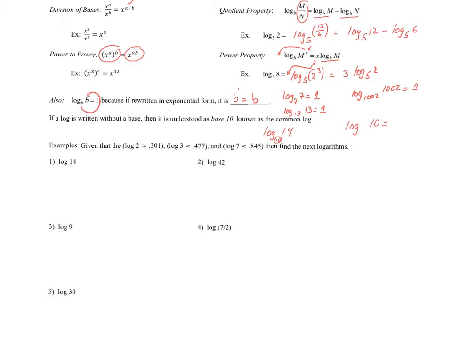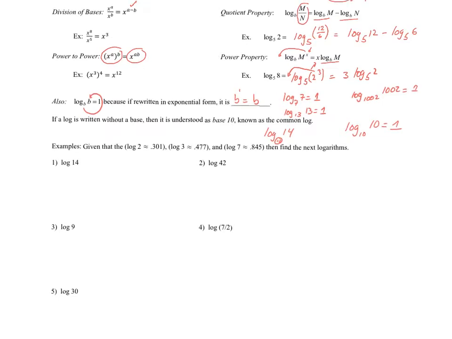Well, again, anytime a log is written without a base, we can assume it's base 10. And if it makes you feel more comfortable, you can put a little 10 in there as the base. Since the base and the argument are the same, this is going to simplify to equal 1.